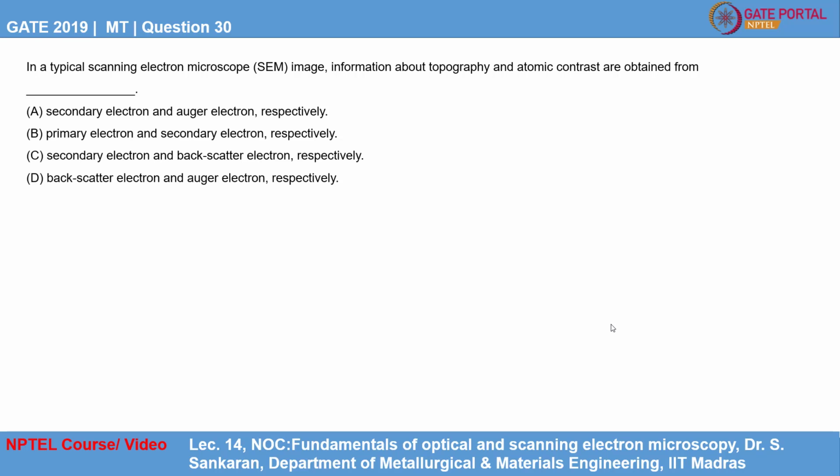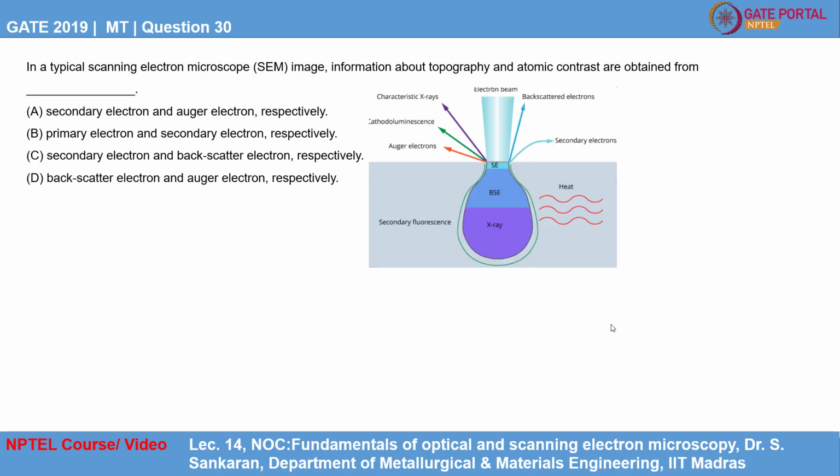So first of all, let us look at the electron specimen interactions. When the high energy electron beam strikes a specimen, the electrons are scattered by atoms of the specimen.